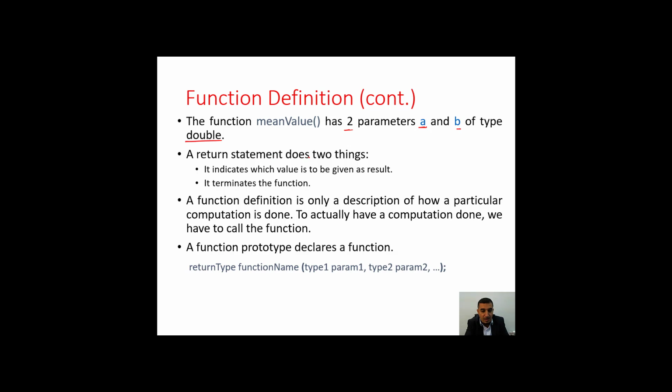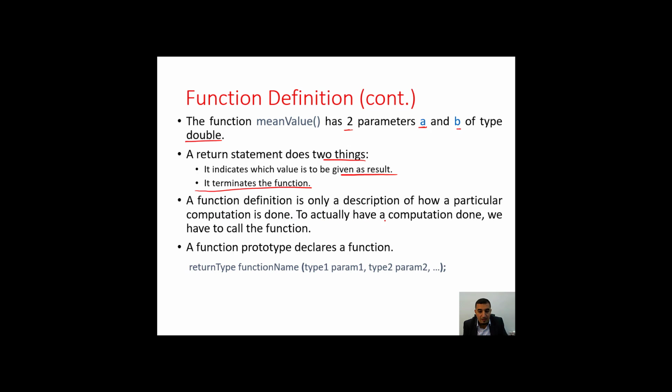A return statement will do two things. First, it indicates which value is to be given as the result. Second, it terminates the function. So a return statement will stop the function. A function definition is only a description of how a particular computation is done.